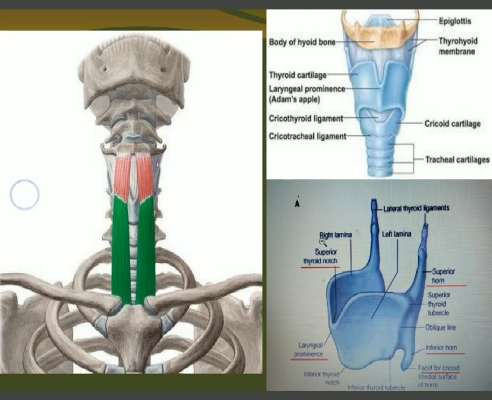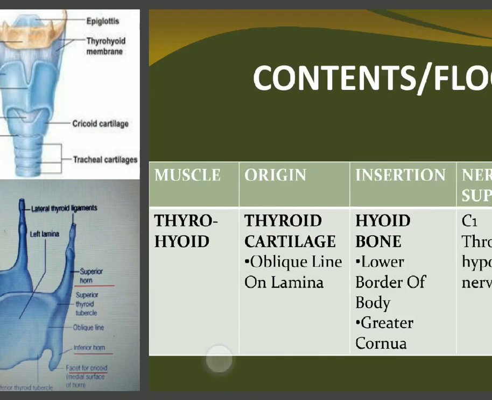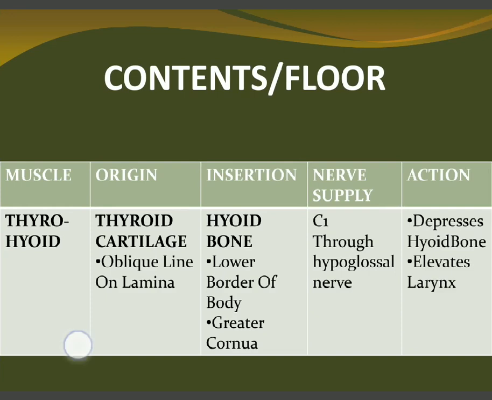This is the oblique line on the lamina of the thyroid cartilage. So on this line the muscle gets inserted. So this point of insertion moves towards the point of origin. So there is depression of the larynx when this muscle acts.